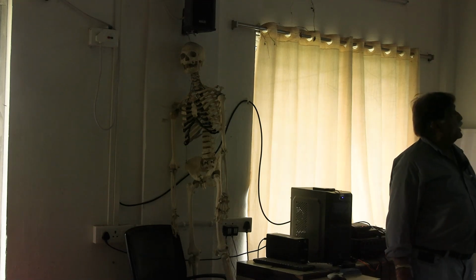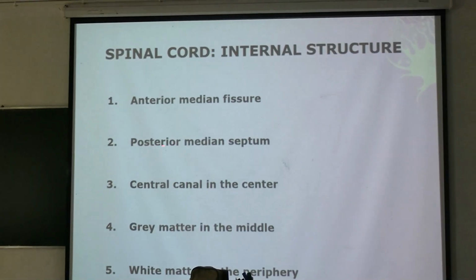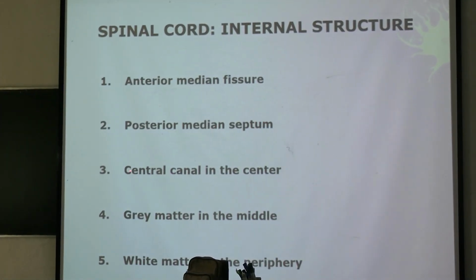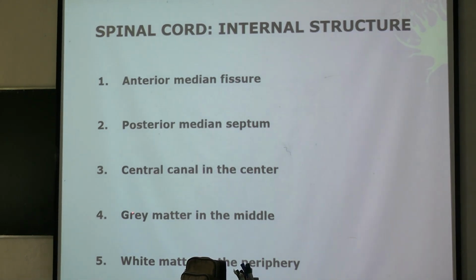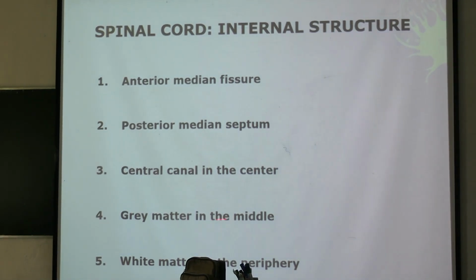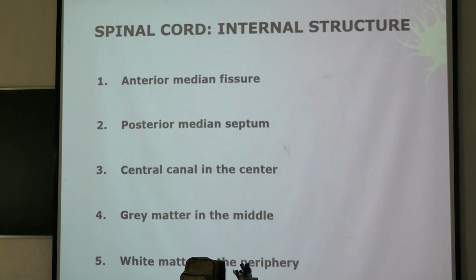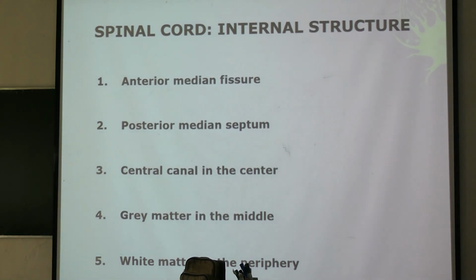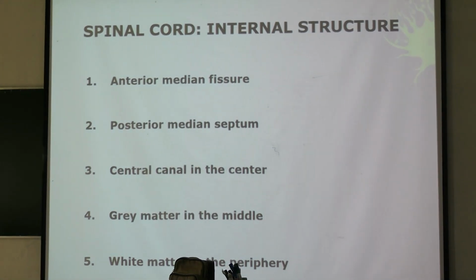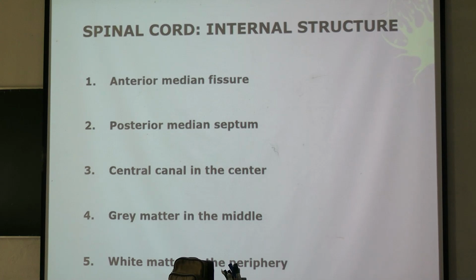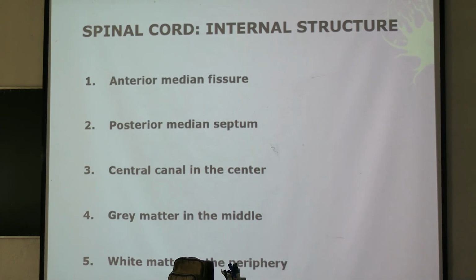See, the anterior median fissure, the posterior median septum, and the central canal in the center, gray matter in the middle, white matter in the periphery. You see it in 10x magnification. The spinal cord in the histology lab, you see it in 10x, and you can see the whole spinal cord. So it is a revision.